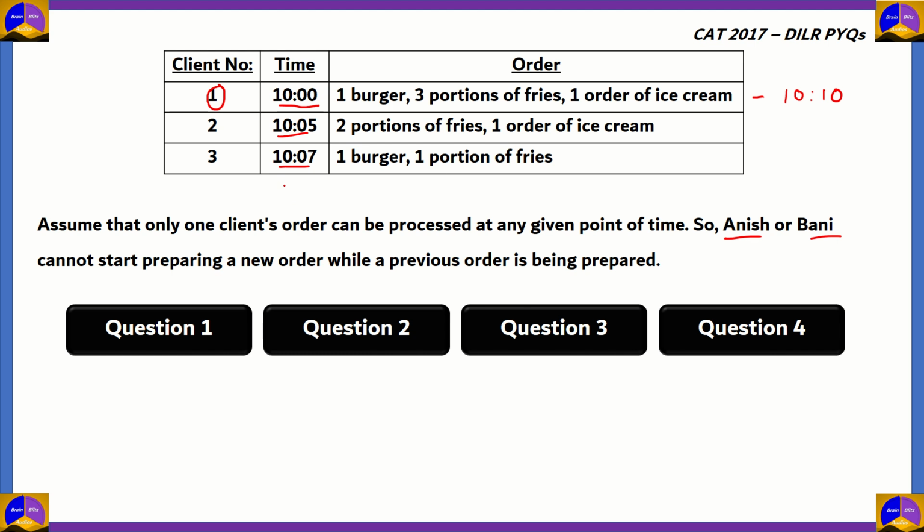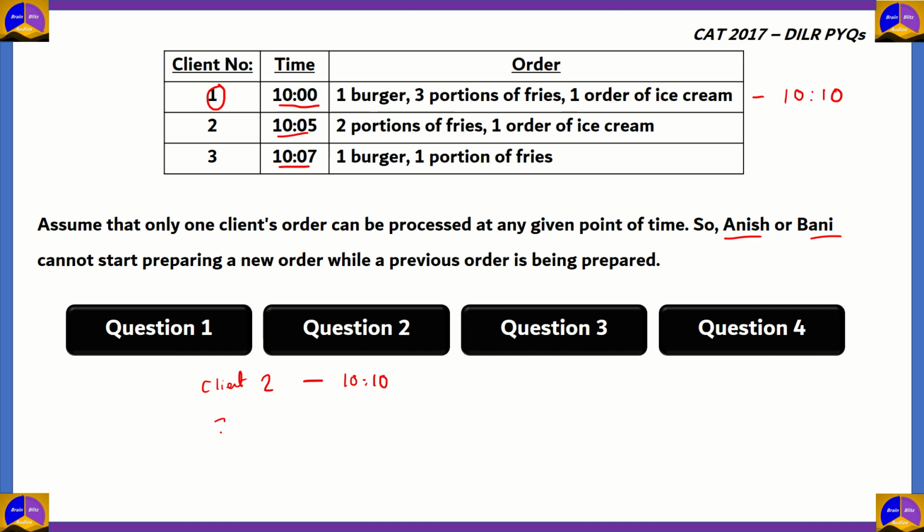So because of the fact that we need to process only one client at a time, client 2 can only be processed after 10:05. I mean after 10:10. So if we look at client 2, his order began to be processed at 10:10.